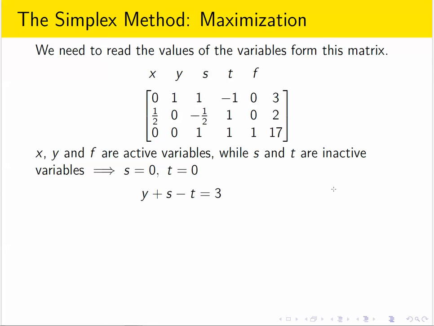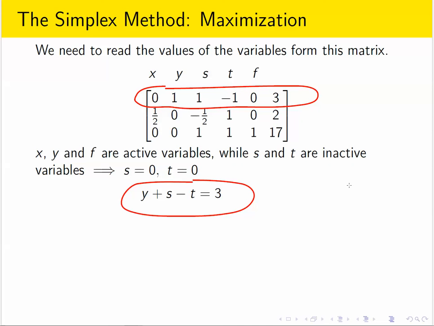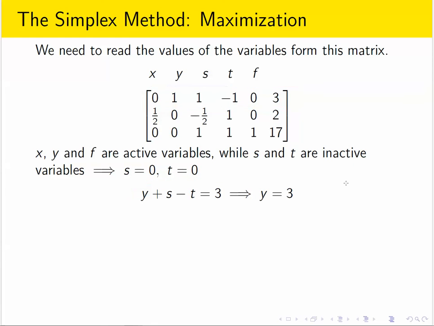Then we can use that in the equations we get from looking at the various rows of the matrix to obtain the values for the active variables. This first row of the matrix corresponds to the equation y plus s minus t equals 3. And then if we plug in the values s equals 0 and t equals 0, we see that y is equal to 3.